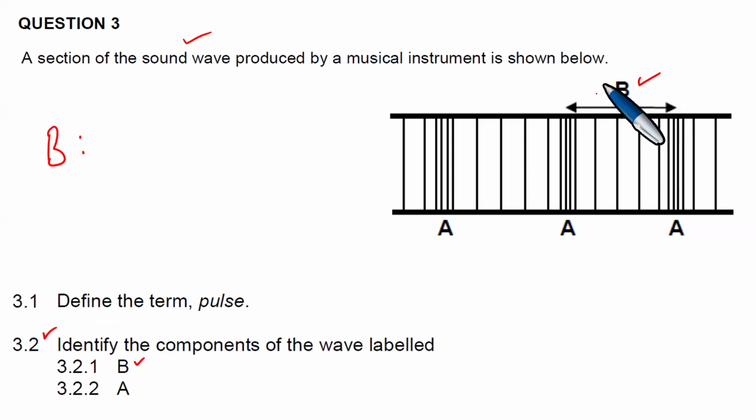So B is called the wavelength. You remember what wavelength is: it's a region of uniform spacing, and a region of uniform spacing is called the wavelength.